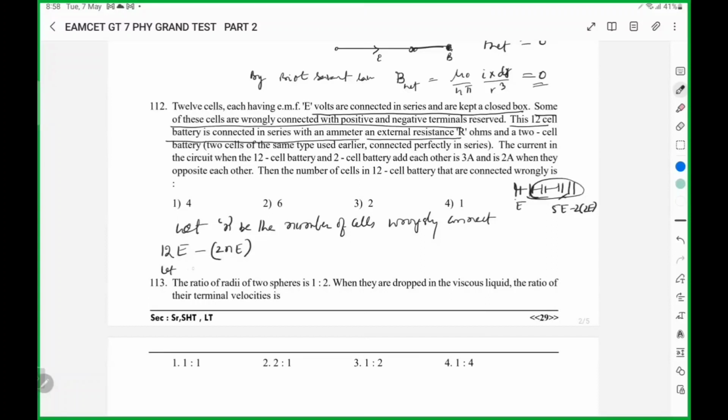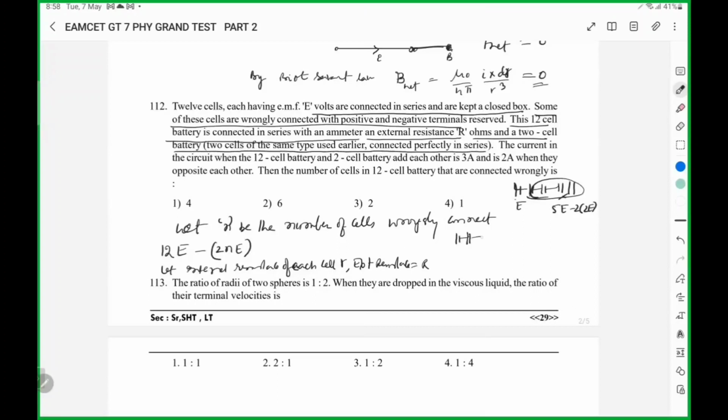Let us assume the internal resistance of each cell is small r and the external resistance is capital R. Then 2 cells of the same type are connected perfectly in series.